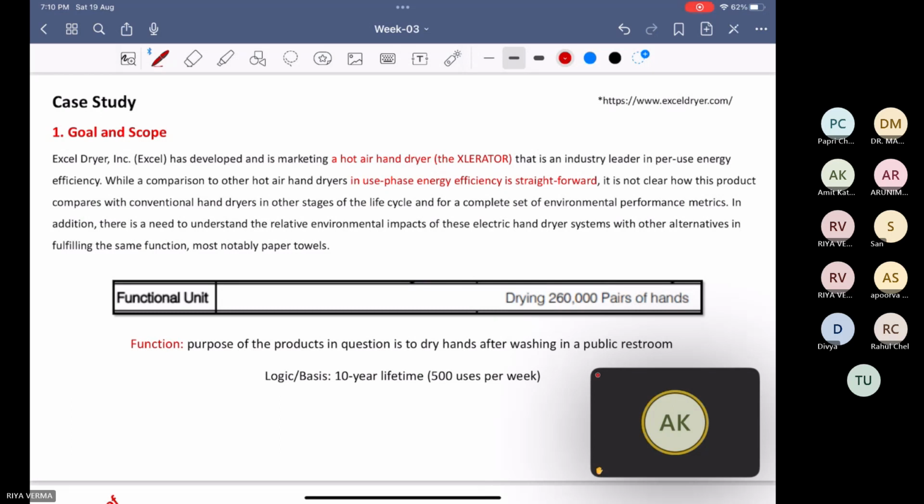While a comparison to other hot air hand dryers in use phase energy efficiency is straightforward, it is not clear how this product compares with conventional hand dryers in other stages of the life cycle and for a complete set of environmental performance metrics. In addition, there is a need to understand the relative environmental impacts of these electric hand dryer systems with other alternatives in fulfilling the same function, most notably paper towels.